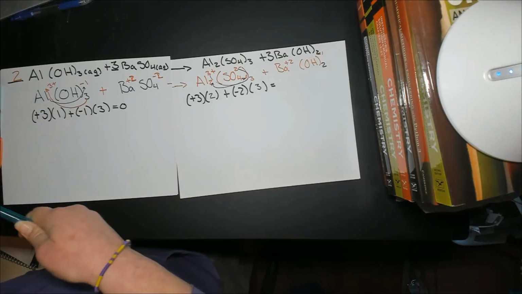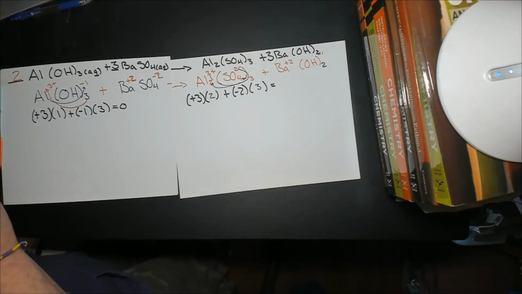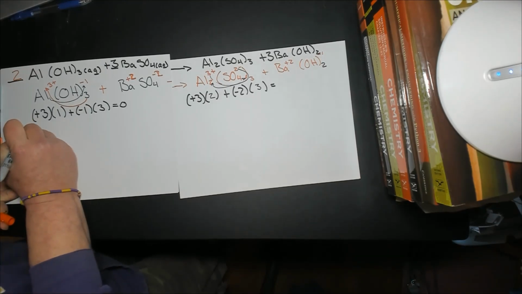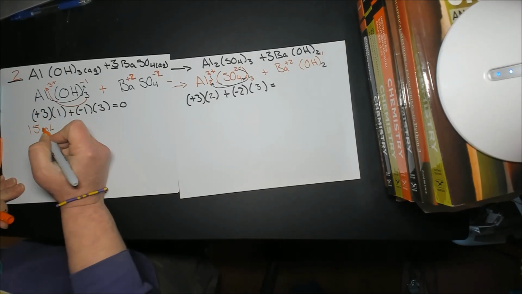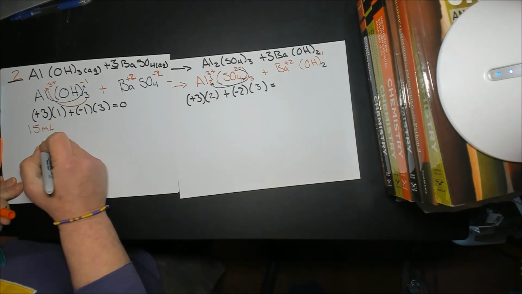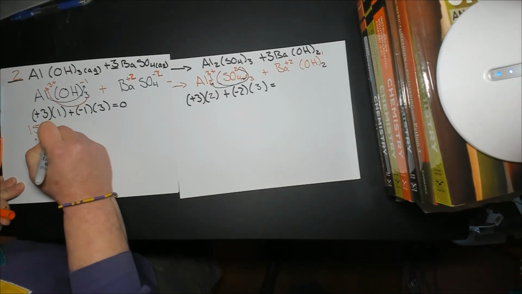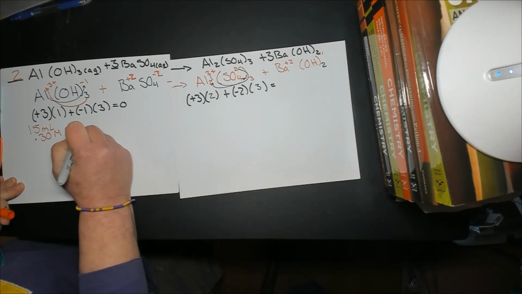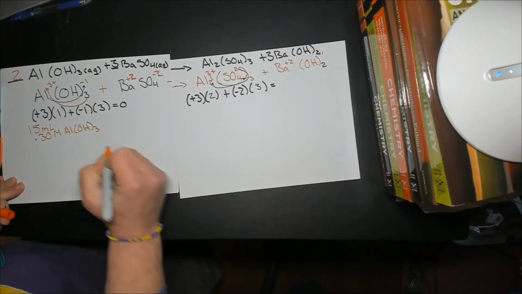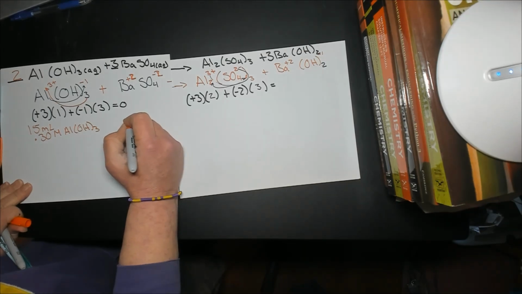What if I told you that I had 15 milliliters of 0.3 molar Al(OH)3, and I used, I'm not going to tell you, I almost did it again.